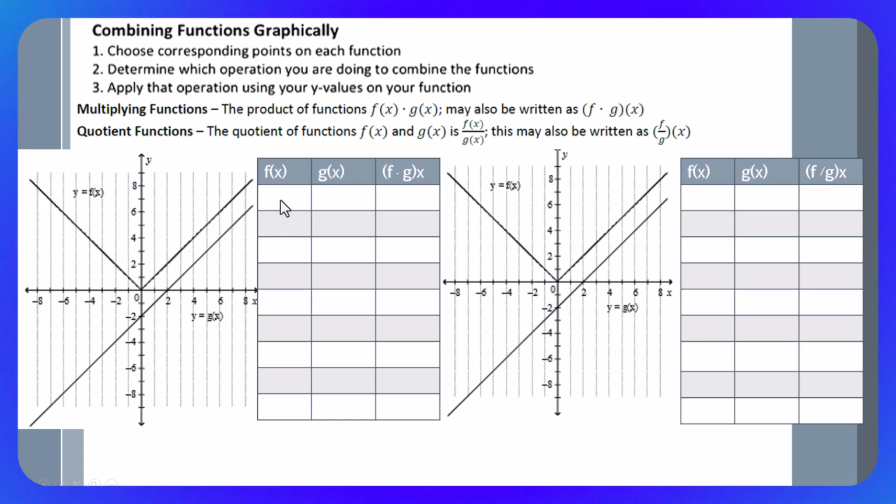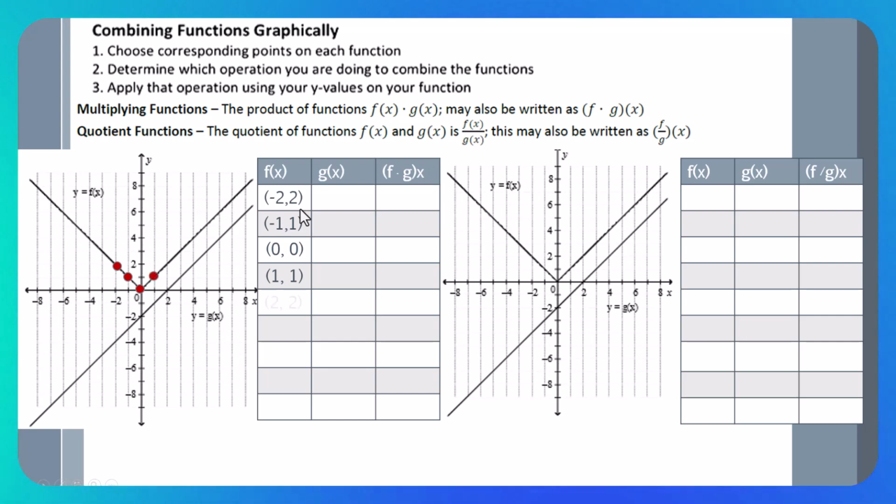So let's start with some points on the absolute value function. So I'll choose -2, 2, -1, 1, 0, 0, 1, 1, 2, 2. I think that's going to be enough. Let me do one more. Okay, so find the corresponding y value on function g.